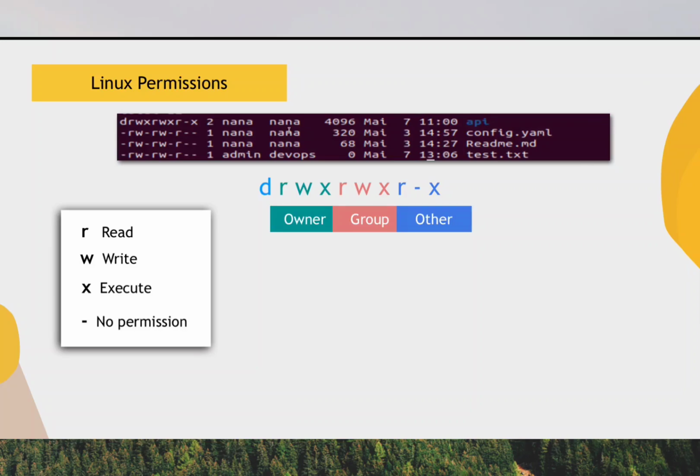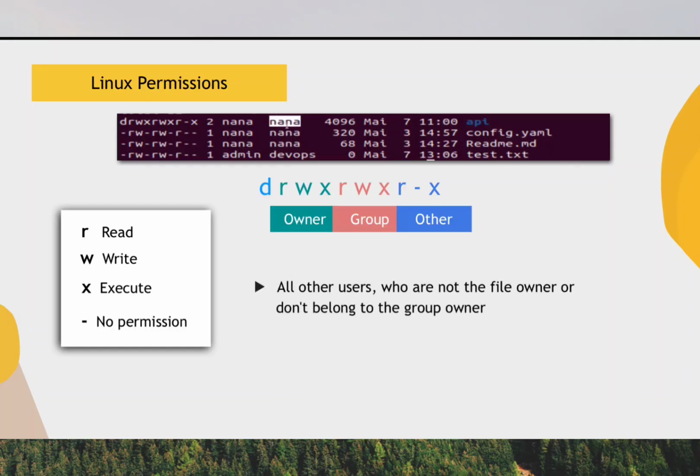So all the other users who are not user Nana or who don't belong to the group called Nana. So everybody else who is not covered by these two is the third owner. And this owner is actually called other. For example, in this case, this will be user Tom, which is not part of the Nana group.